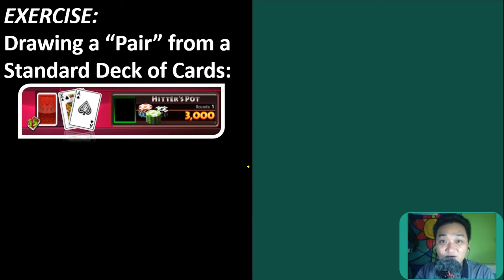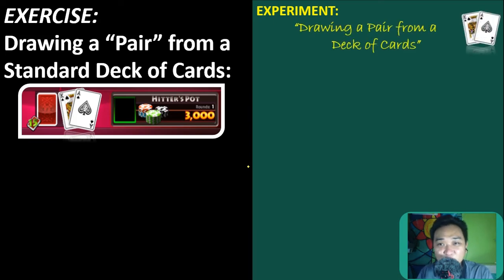Now, what is the experiment all about? The experiment has something to do with, of course, drawing a pair from a deck of cards, 2 baraha sa standard deck. Now, can you give a sample outcome? Maraming sample outcome. Pwedeng 2 alas, yung isa flower or club, yung isa naman alas din pero diamond naman this time.